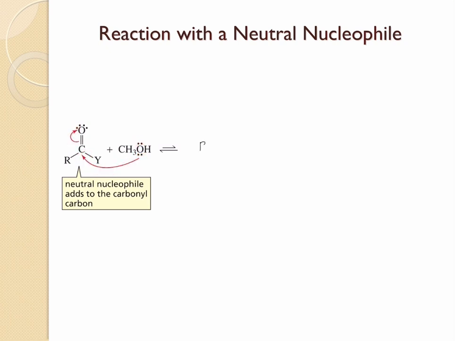So that is going to give us a tetrahedral intermediate, but this time the tetrahedral intermediate is going to be protonated, because this oxygen, which is trying to form a bond with this carbon, is going to have 3 bonds. So this oxygen is going to have a positive charge because it has lost its lone pair of electrons to form this bond.